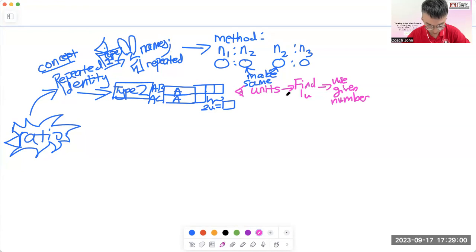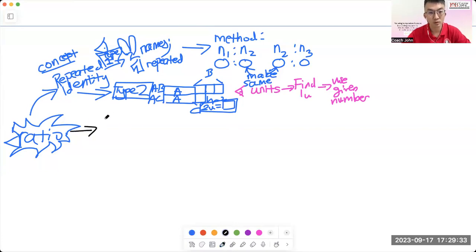Then, in this case, this is actually B. This is C. All right. So this one, just leave it as it is. Okay, so when you have repeated identity, because we are talking about ratio now, you realize that there are many questions that require you to use ratio to solve, and one of them is one unchanged.